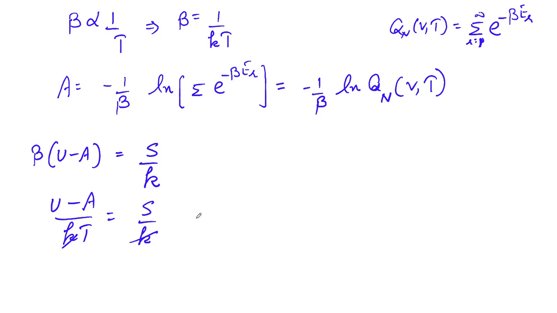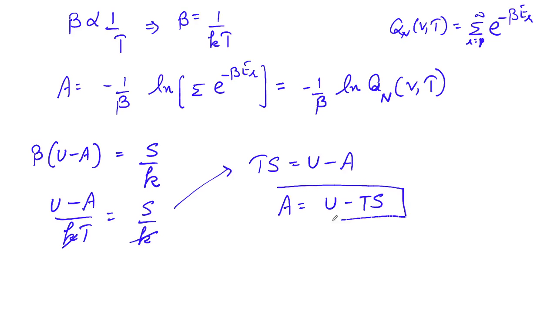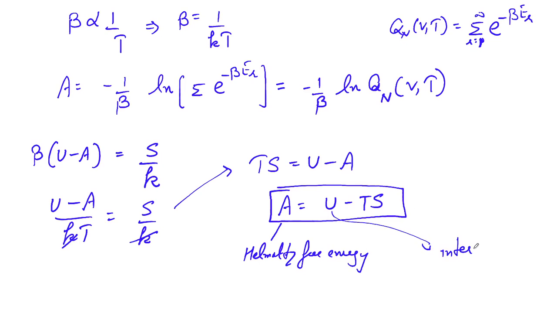So this gets cancelled, and from that we derive the equation TS is equal to U minus A, that is A is U minus TS, where A is known as the Helmholtz free energy, and U is generally considered as the internal energy or the average energy of the system.